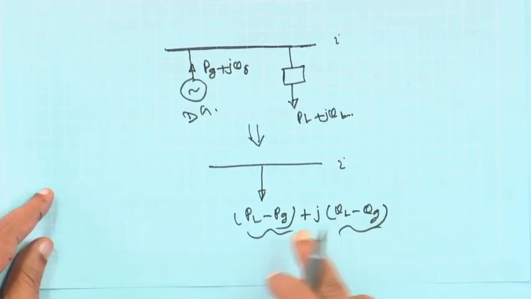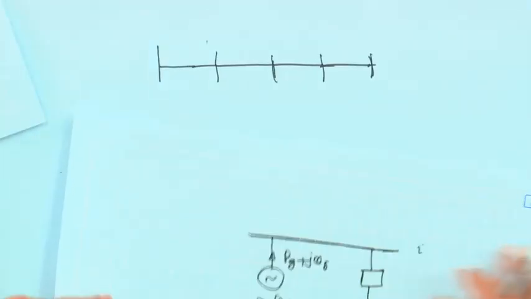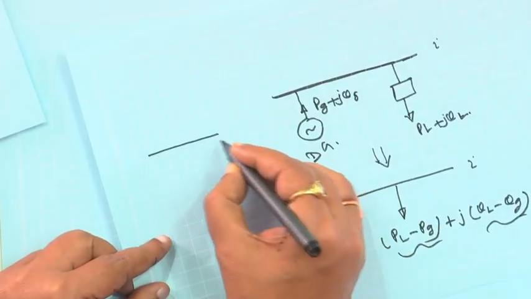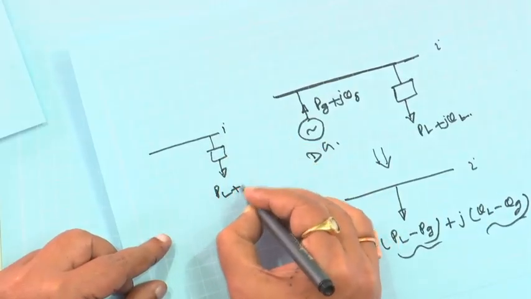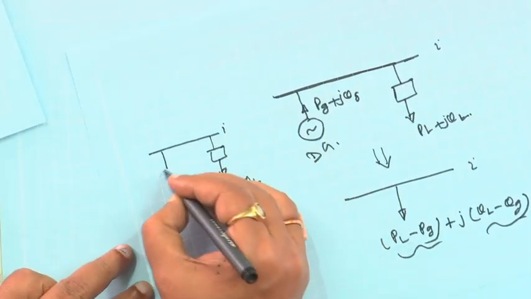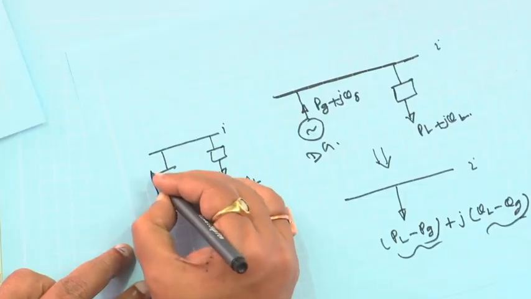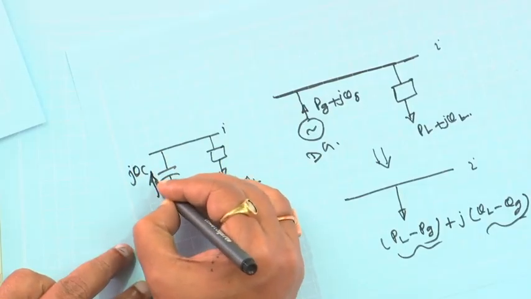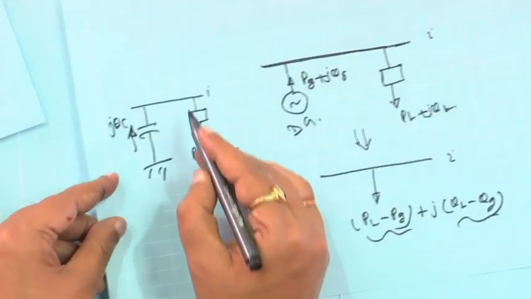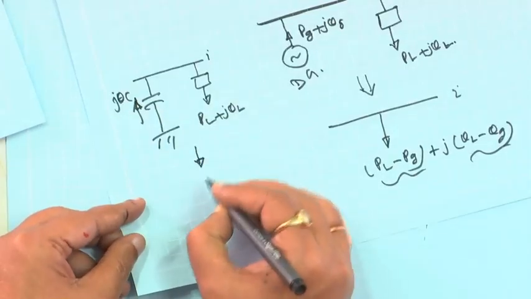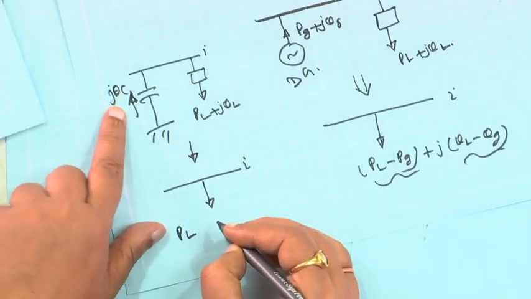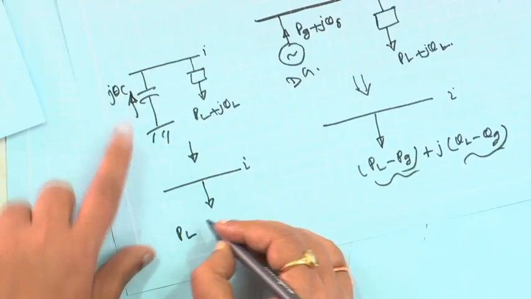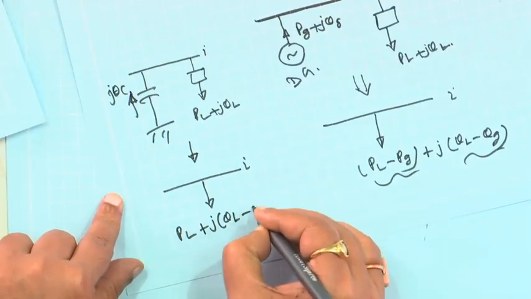Now, instead of a DG, suppose it is a shunt capacitor. This is your load PL plus jQL at node I, and this is your capacitor, so jQC is being injected. The resultant in this direction will be PL only, as there is no real power from the capacitor, plus j times QL minus QC.